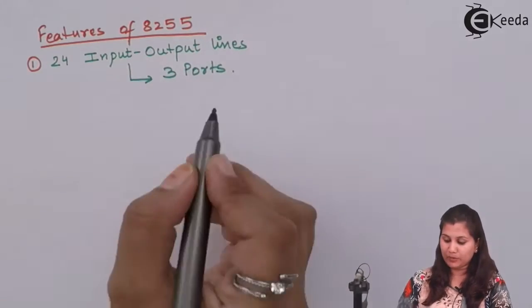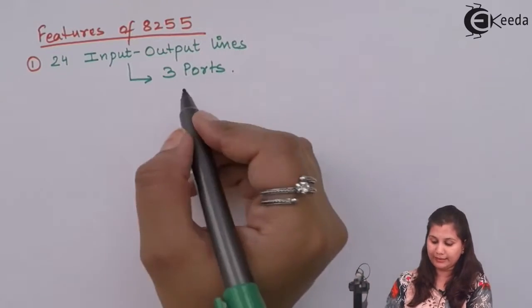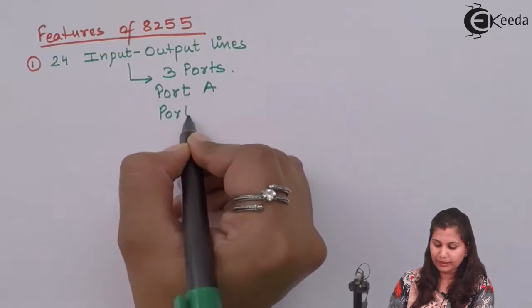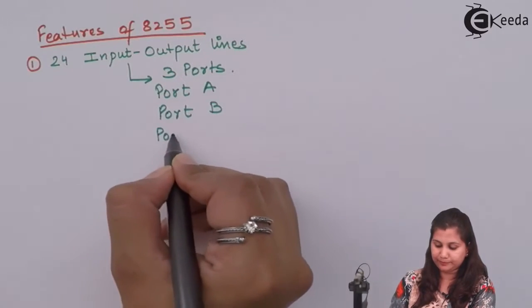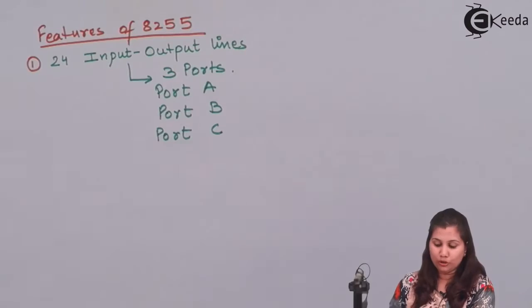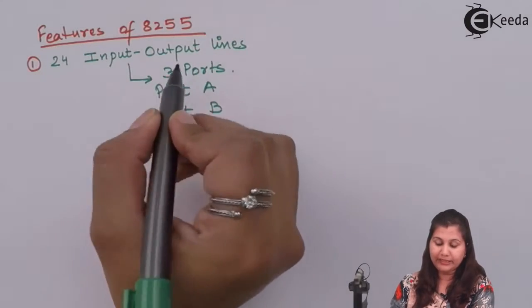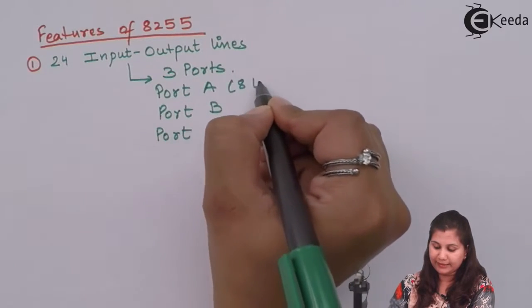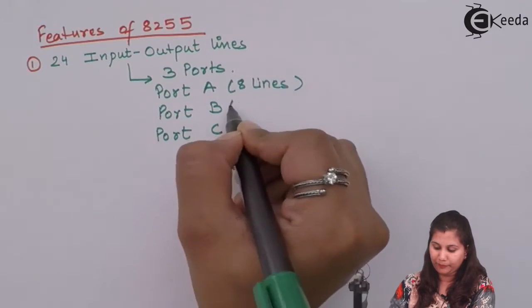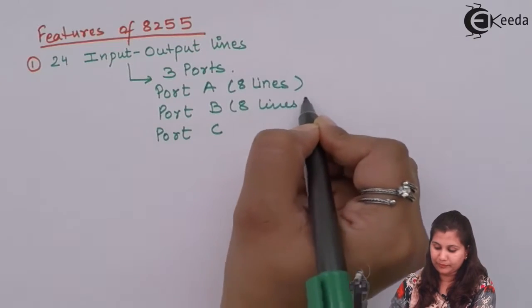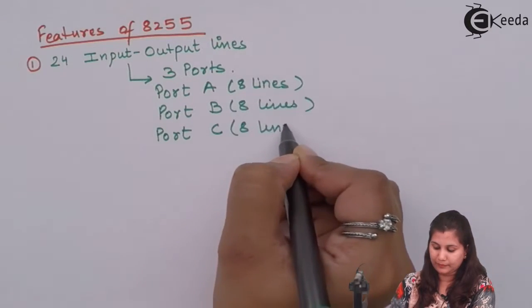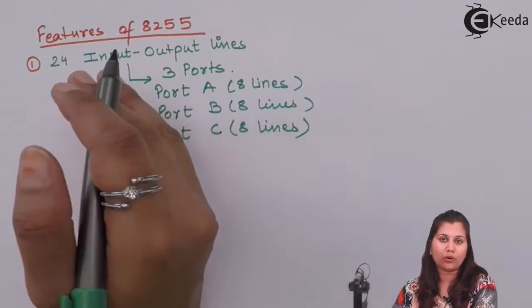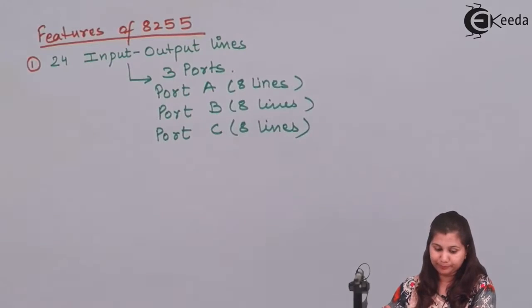Okay, these ports are input output ports, and they are named port A, port B and port C. So 24 input output lines are divided into 3 input output ports. So each port will have 8 lines. And these lines can be used as either input lines or output lines. Okay.